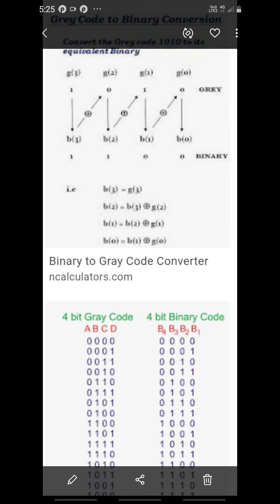And in the given truth table, you can do it one by one.